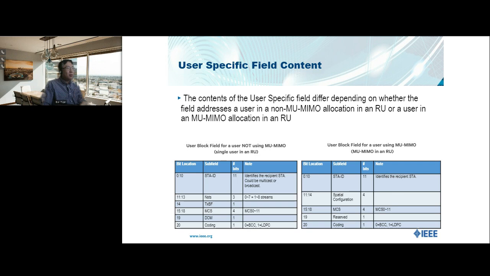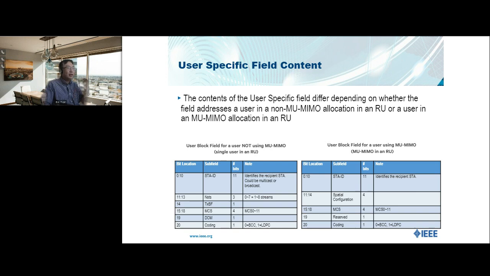The second one is for MU-MIMO transmission. Not only do you have to identify which station this RU is assigned to, you also need a special configuration to tell you which spatial streams you are allocated, and this kind of information.